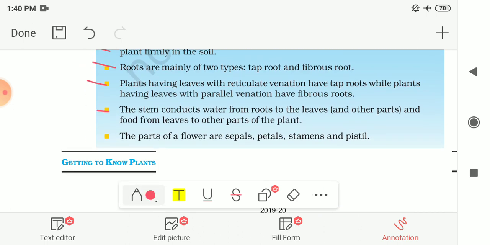Then we had seen that the stem conducts water from roots to the leaves and other parts of the plants, and the food from leaves to the other parts of the plants. And last we had seen that the parts of a flower are sepals, petals, stamens and pistil. So these are the things we had studied in this chapter.